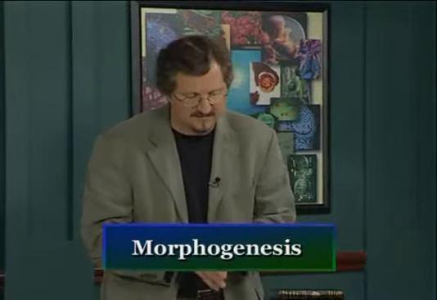Now, the second major difference in the developmental mechanisms used by plants and animals has to do with morphogenesis, and this isn't surprising. The cell walls of plants render them incapable of moving around relative to each other. Remember that when we looked at animal development, we saw that the migration of cells plays a very important role in morphogenesis.